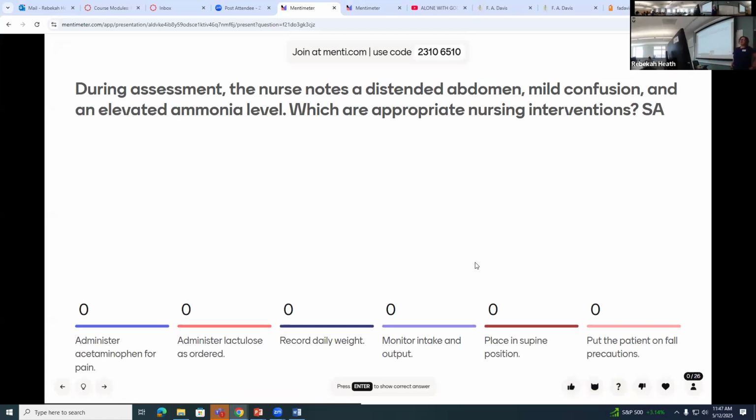All right, so during the assessment, the nurse notes there's a distended abdomen, mild confusion, and an elevated ammonia. What are the appropriate nursing interventions for this patient? Select all that apply.